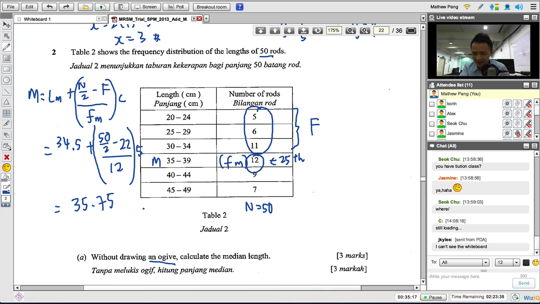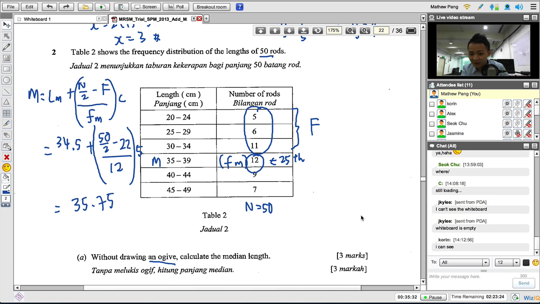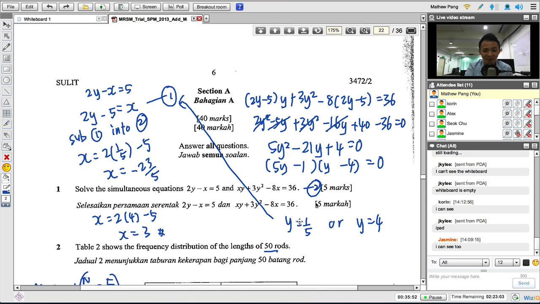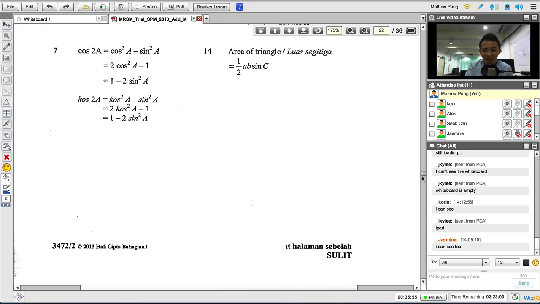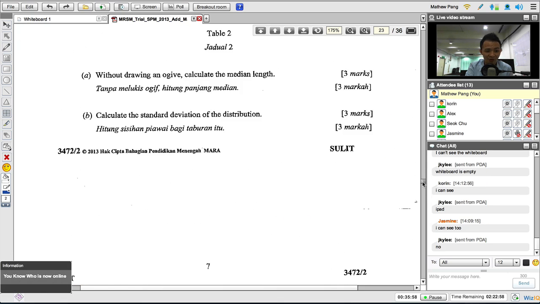After you got your answer already, I can't see the whiteboard. Any one of you can't see the whiteboard? Maybe you can try to log out and log in again. I'm not sure. Are you using your smartphone or actually using the computer? Using iPad should have no issue. Just let me check what is the problem. Let me zoom in and zoom out, see. Okay, can you actually see the whiteboard now? If you still cannot, maybe you have to really zoom in and try to log out and log in again.